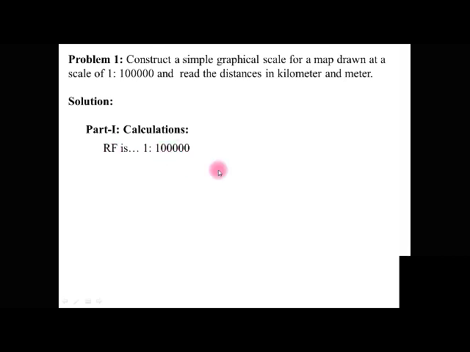So this is the RF given here, and the RF is 1 is to 1 lakh. If it is so, it means 1 centimeter is equal to 1 lakh centimeters. It means 1 centimeter on the map represents 1 lakh centimeters on the ground. Now for the statement scale, we have to convert the centimeters into kilometers.